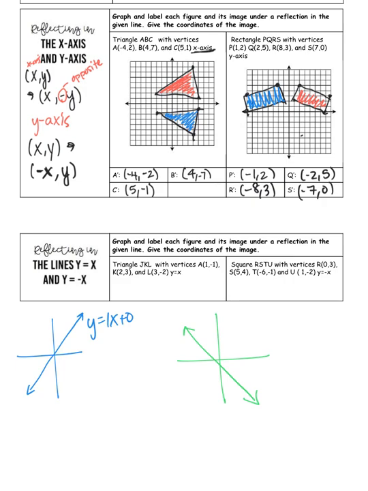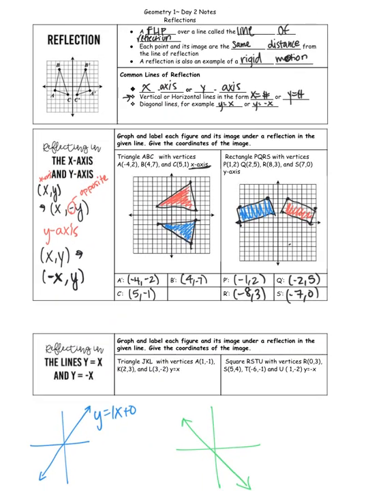If we do reflection in y equals x, oh, I don't have any more paper. I have to go to the next slide. I'm sorry. I'm going to do y equals x. Okay, so I've got 1, negative 1, 2, 3, and 3, negative 2. We're going to flip this square over y equals negative x.